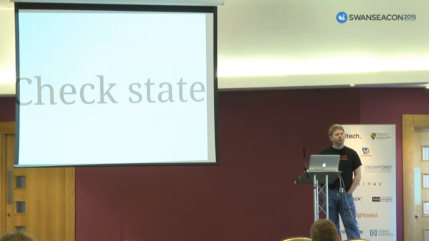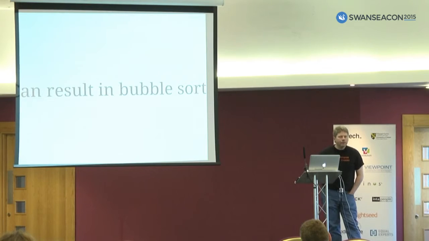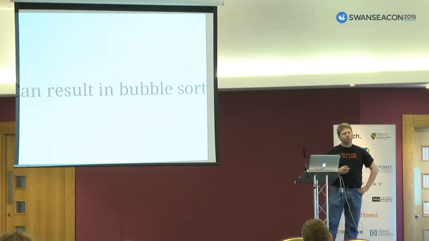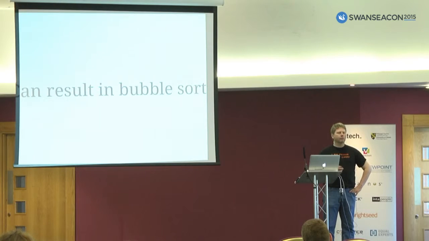That's very easy to do in some cases, and not that easy in others. And if we're only checking the state, and we should sort something, we could definitely end up with a bubble sort, because the state is what we're looking for. Bubble sort may be okay, but there could be other solutions to the same problem. Or actually, we all know that there are.